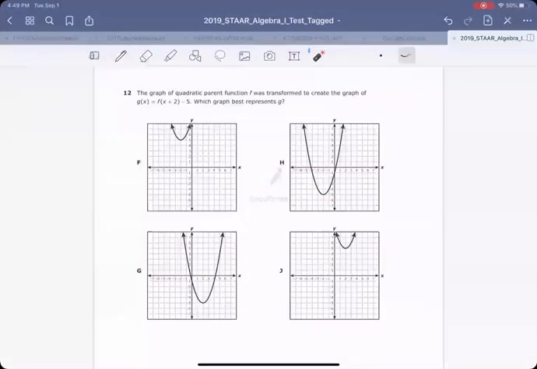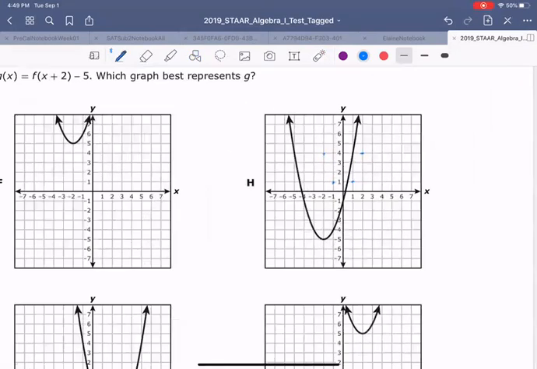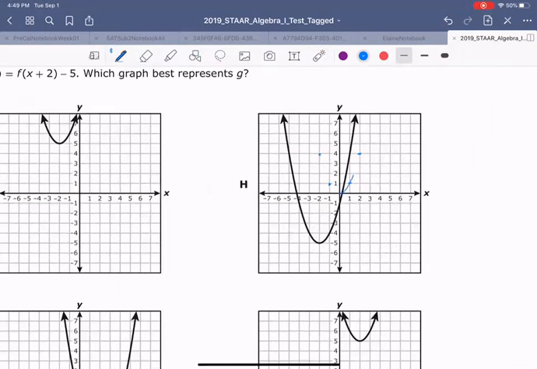So now coming back, I need to teach you. When you have a minus 5 outside, you are shifting down your original function. Your original function looks like this. y equals x squared looks something like this.